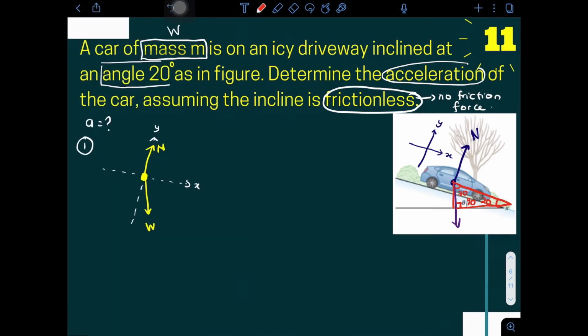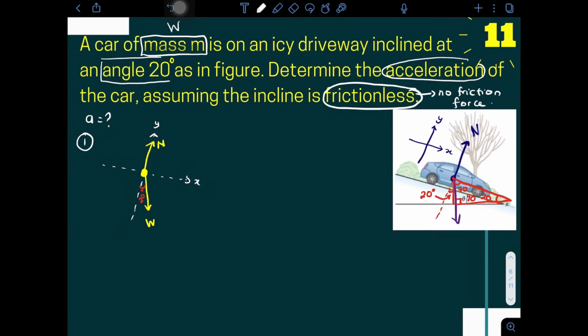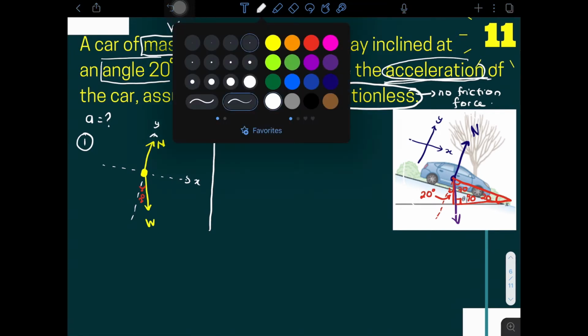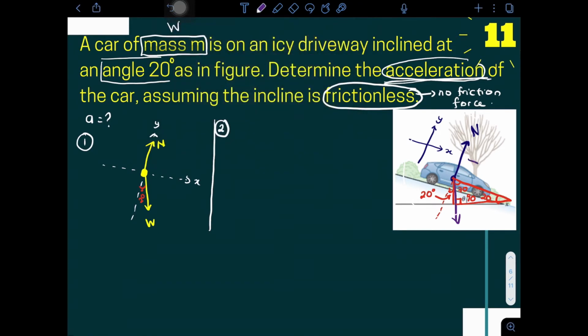From here, we know that the angle outside the triangle is 20 degrees. So let's move on to the second step. Remember, we have to determine whether the acceleration is in the y component or the x component. If you look at this diagram, we can see that the car will accelerate downwards following the x-axis.